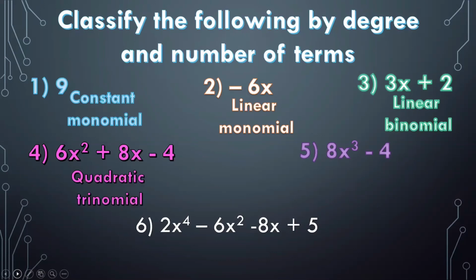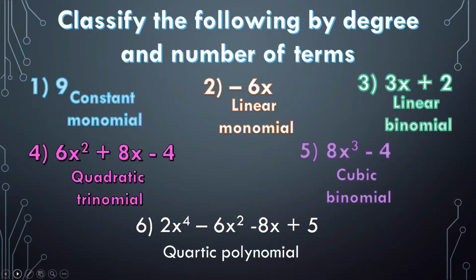This is a quadratic trinomial. The highest exponent's 2, and there's 3 terms. Here is a cubic binomial. And last, we have a quartic polynomial. So this is all vocabulary and being able to recognize it. So you've got to know your vocab on this topic.